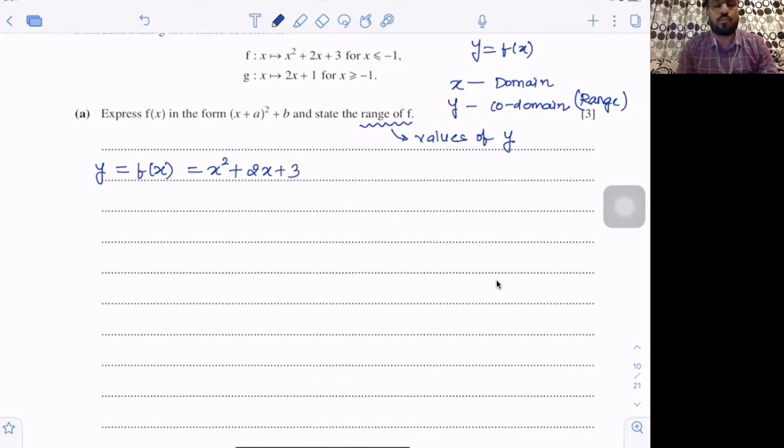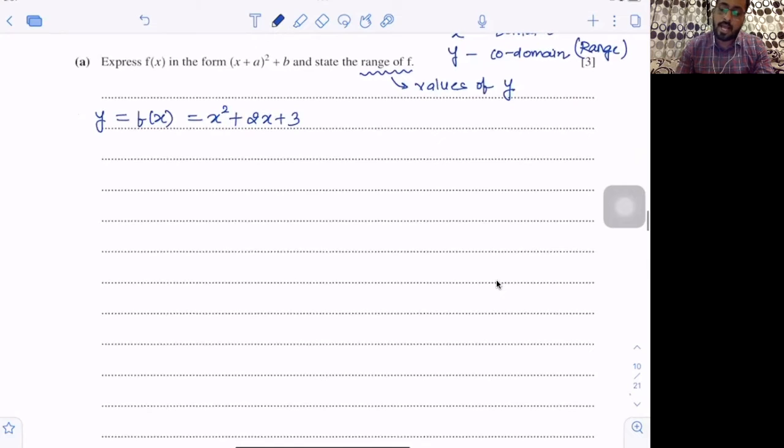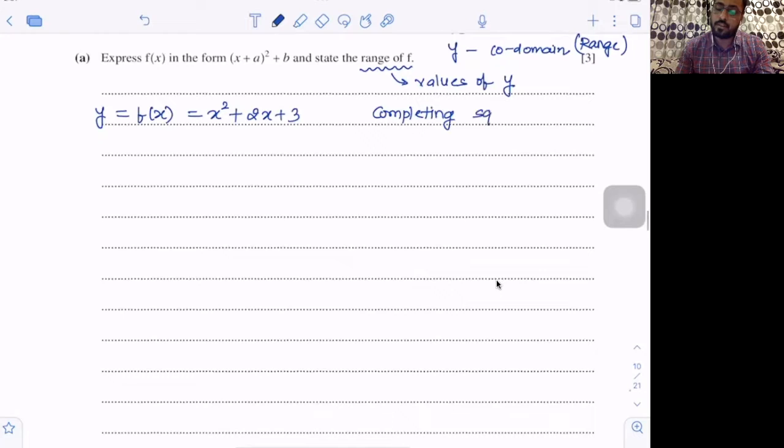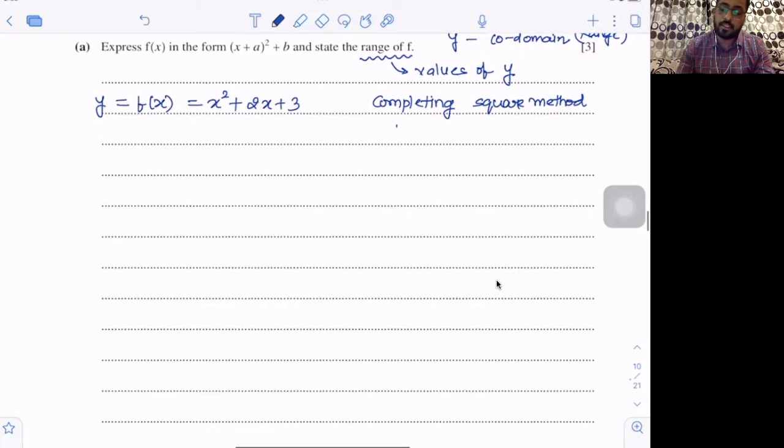Now, students, I am very confident that you are already aware of the completing square method, or the method of completing the square. So you ignore the last term and you find a new last term.